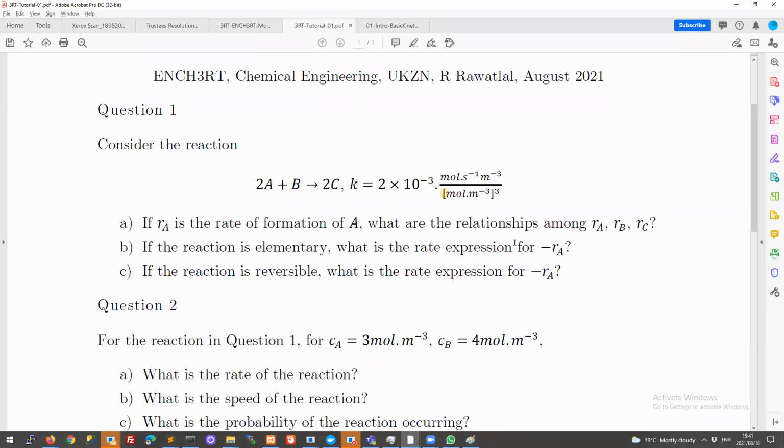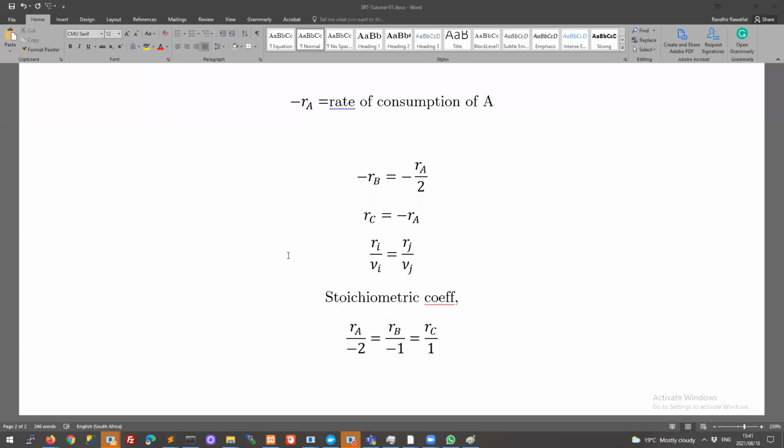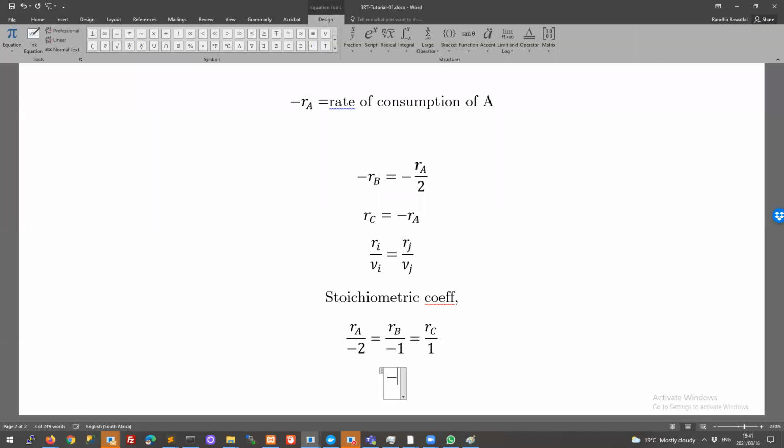And in terms of elementary reactions, we can then write minus R_A equals k times C_A to the power 2, since the coefficient for A is 2, and then C_B, where the coefficient is 1.